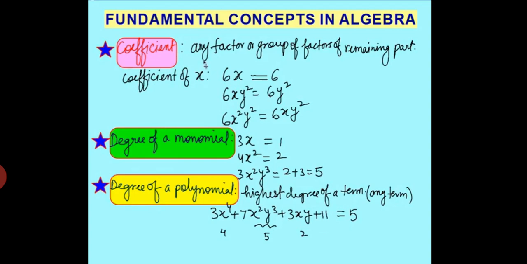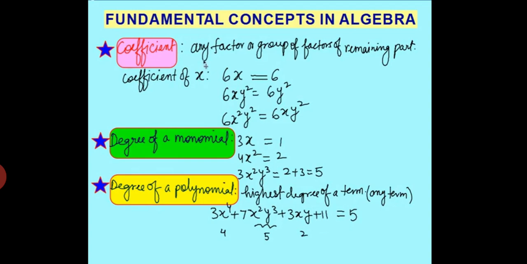Degree of a polynomial is the degree of its highest degree term. Here you can see 3x to the power 4 plus 7x square y cube plus 3xy plus 11. Here in 3x to the power 4, the variable is x and its power is 4. In the second term, 7x square y cube, the power of x is 2 and power of y is 3.